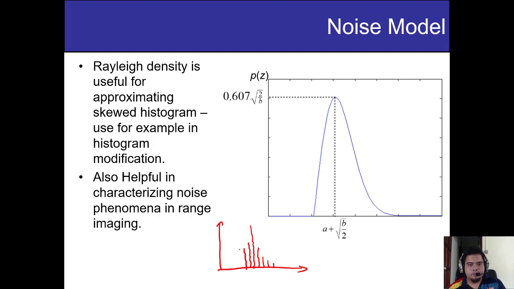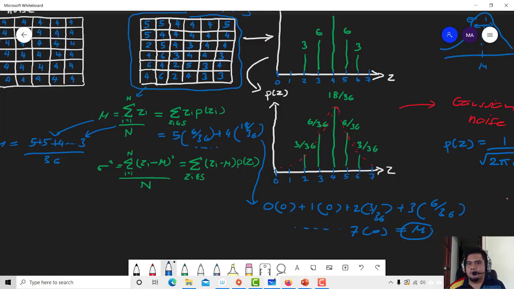Now it's not bell shaped anymore, it seems to be Rayleigh noise. Then what you do, of course you know this point, because it comes from the normalized histogram or the PDF that you measure.